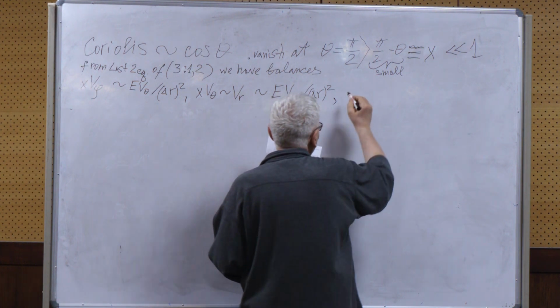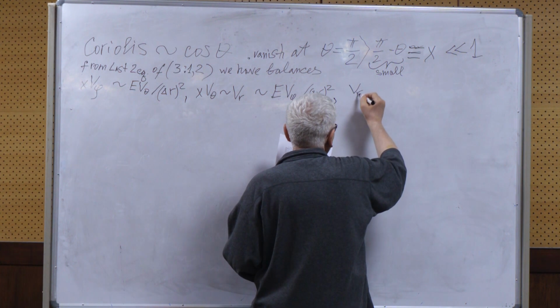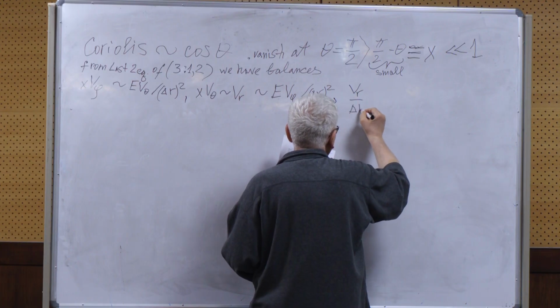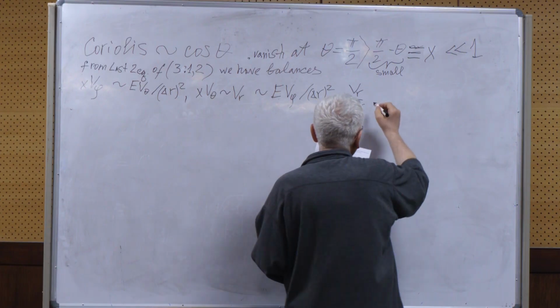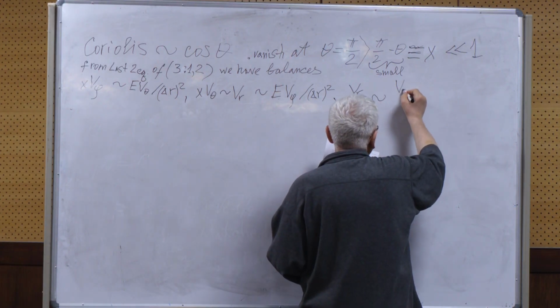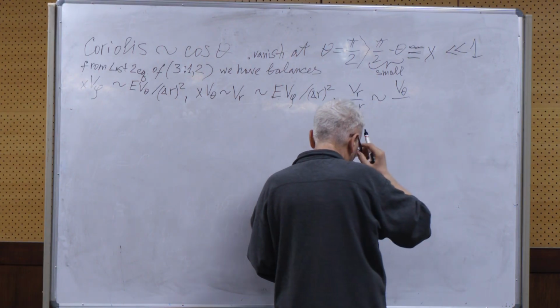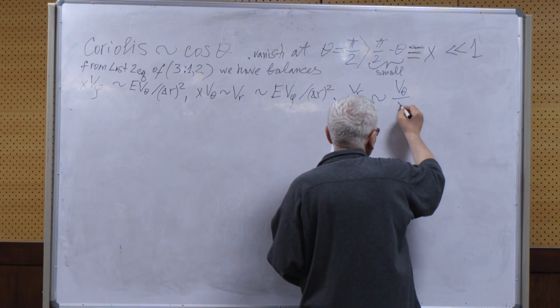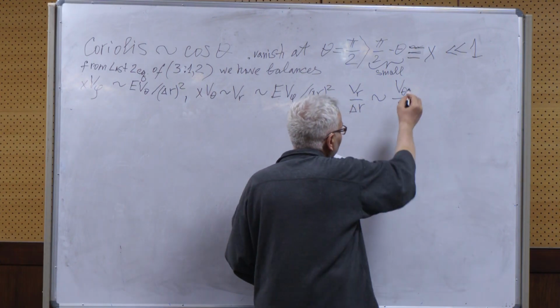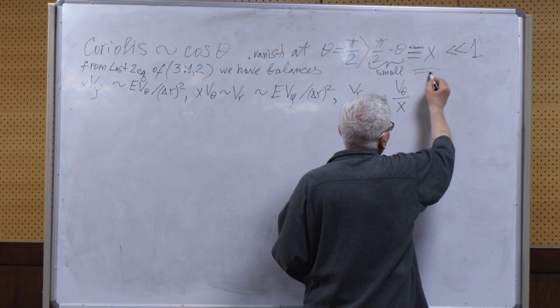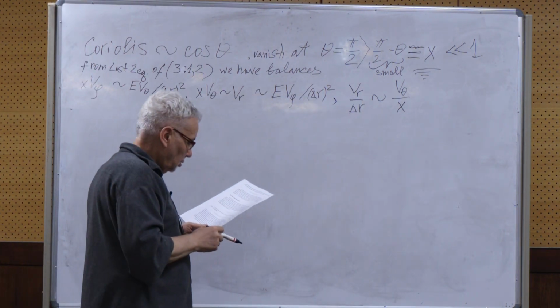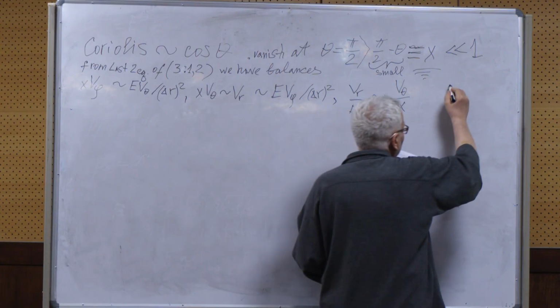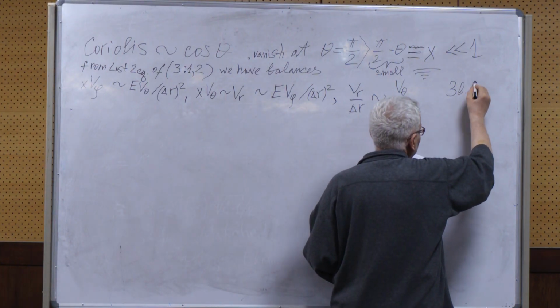Then there is, let's put it like this one, V R delta R is proportional to V theta over x, where x is this variable. Okay, this is the 3b6 formula.